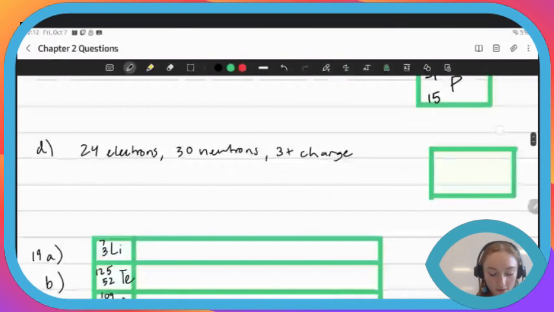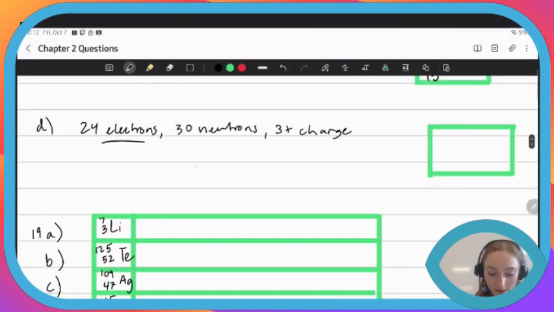So 11D, we have 24 electrons, 30 neutrons, and a 3 plus charge. Since it didn't give a mass number or an atomic number, we have to identify it as we have done before. So 24 electrons, let's keep that in mind for the charge. That's why the electron is more significant.